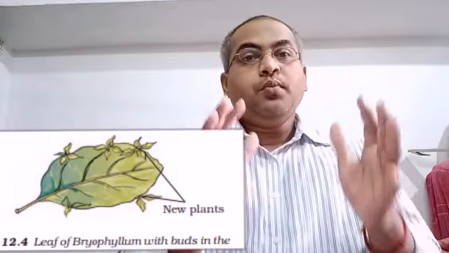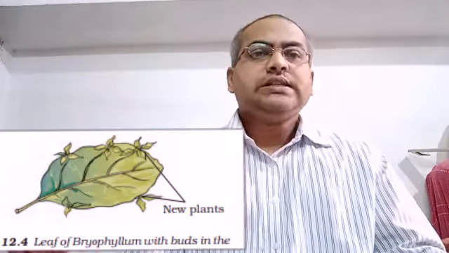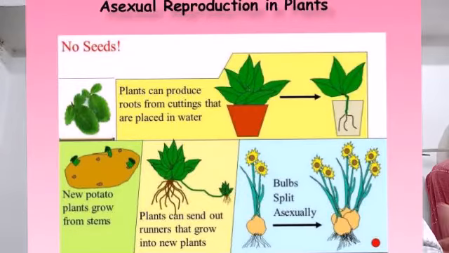Now the modes of reproduction in plants, many modes are there, several ways are there, but we divide these modes into mainly two categories. Number one is asexual reproduction and number two is sexual reproduction.